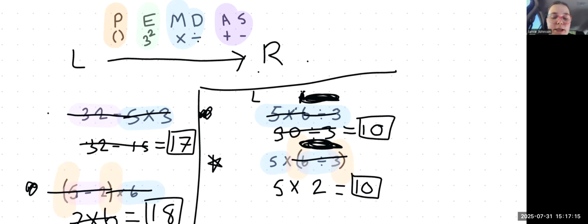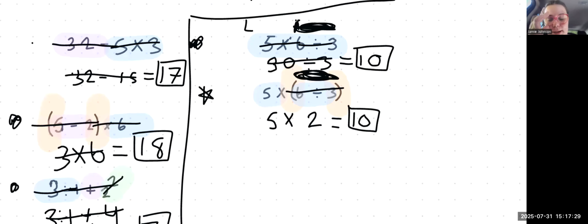And that might not make a whole lot of sense on why they came out as the same answer, but it's important to follow the rules. Because you will end up with tricky things. Right? If I were to have 5 times 6 divided by 3 minus 1, right?